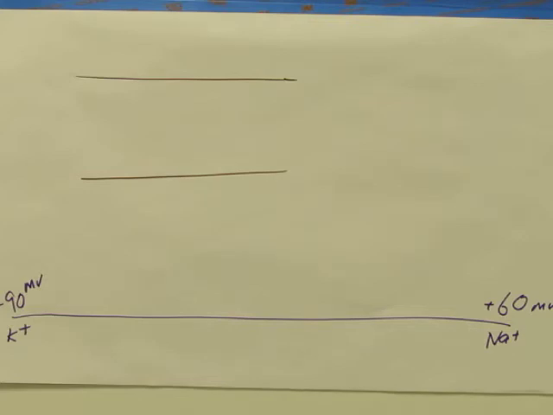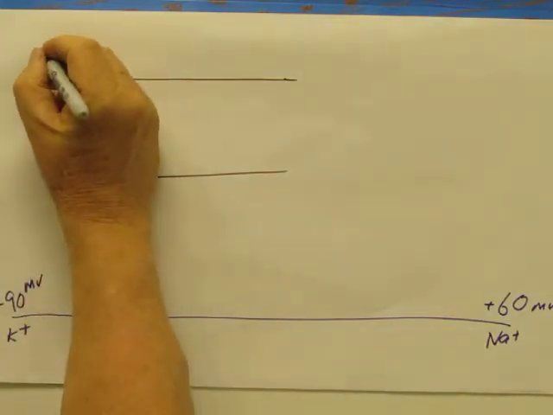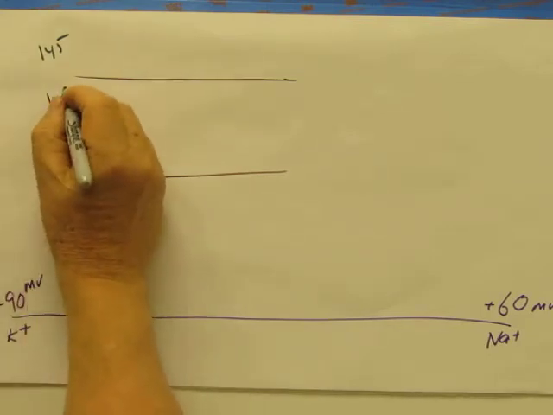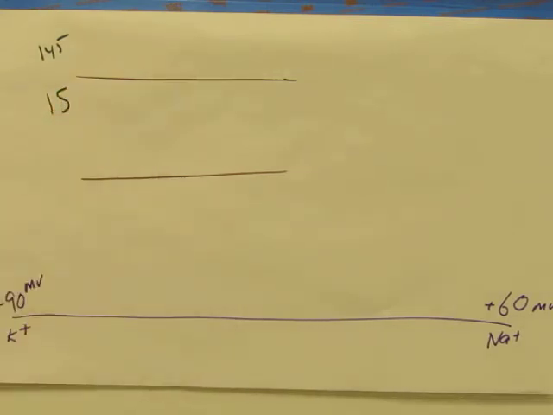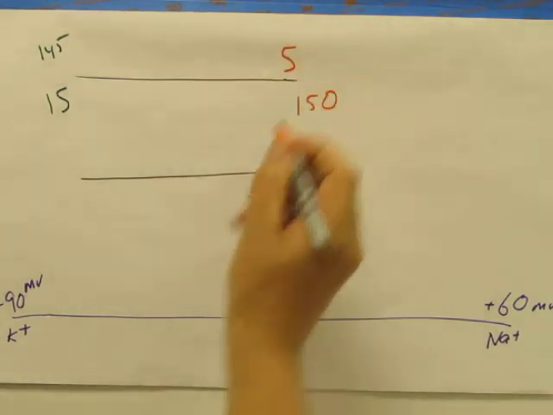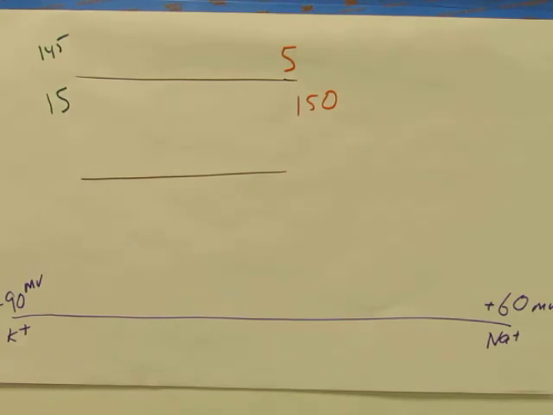We look at the concentration of sodium. You have 145 milliosmoles outside the cell and 15 inside. For potassium, you have 150 inside and 5 outside. Those are your concentrations.